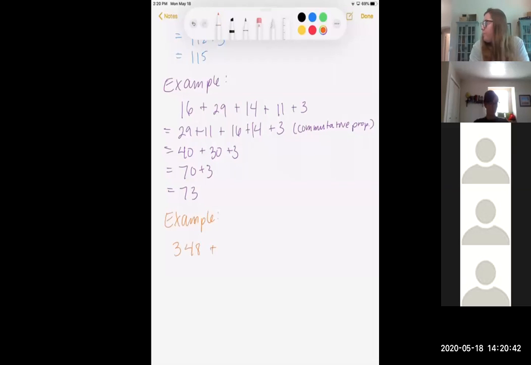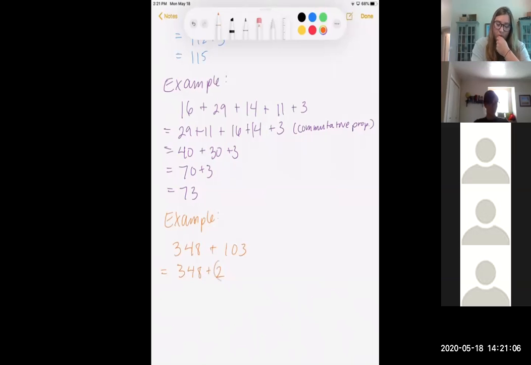So they do something like 348 plus 103. If you add those together using the compensation method, I need to do 348 plus 2, because I want that to get me to 350.